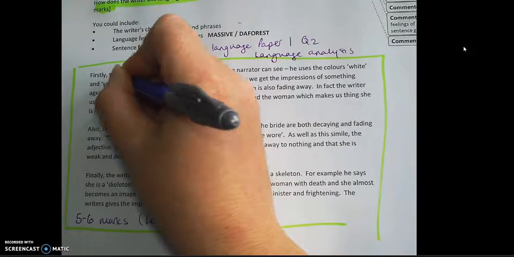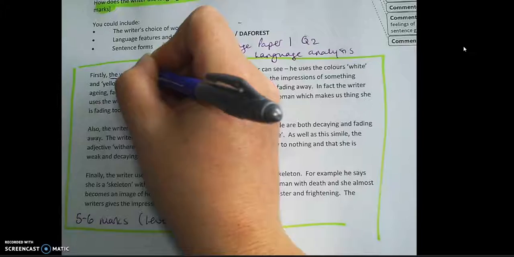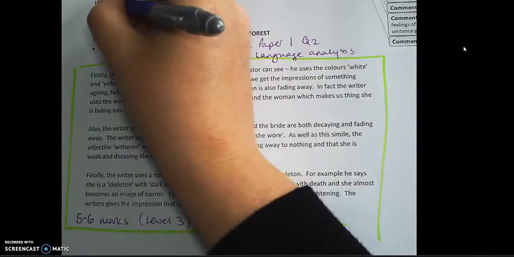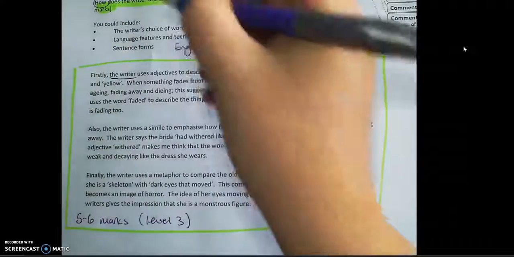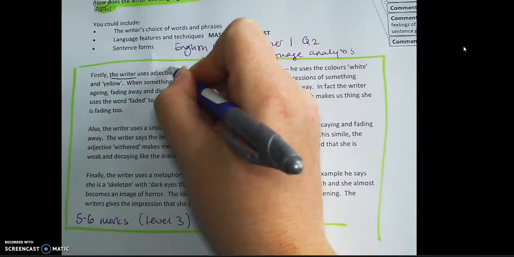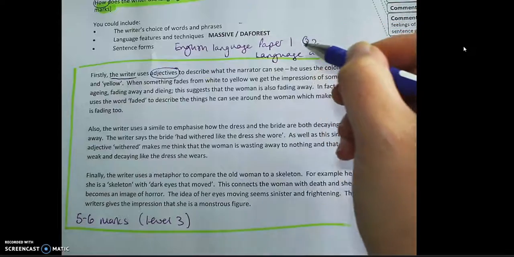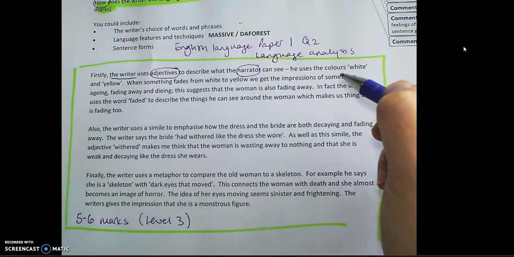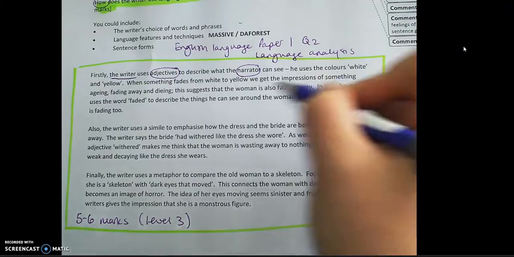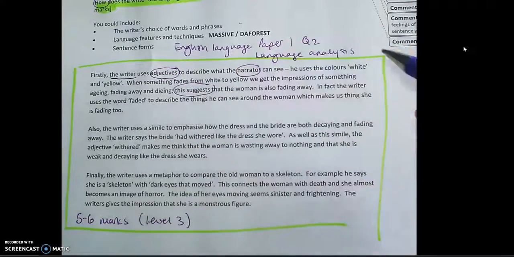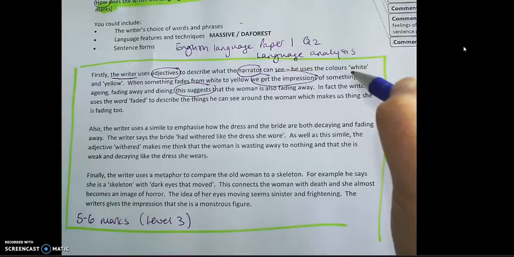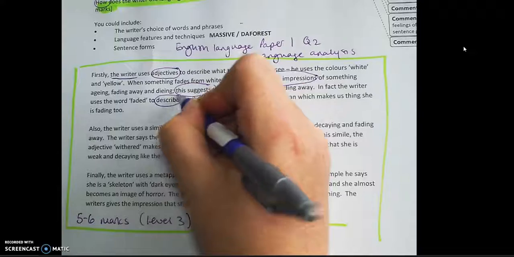So I've got the writer here. It's really important that you focus your answer and you talk about what the writer is doing, because the question is, how does the writer? And then adjectives, subject terminology, narrator. As you fade away, this suggests. We get the impression. Describe.